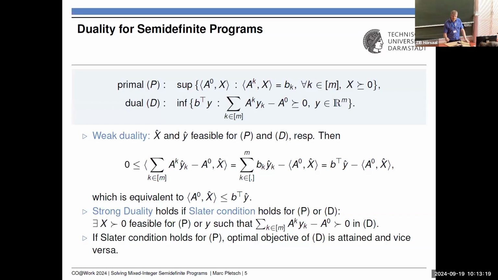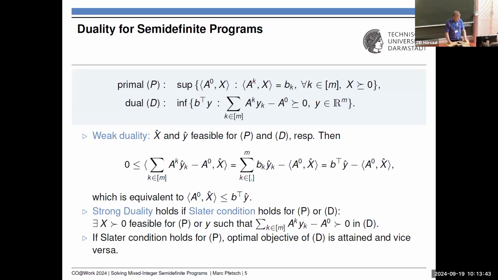This means it lies in the interior of this cone I've talked about, and it should be feasible for P. So the primal should have an interior feasible point. And for the dual, it means that there exists a y such that this linear combination minus A naught is positive definite.